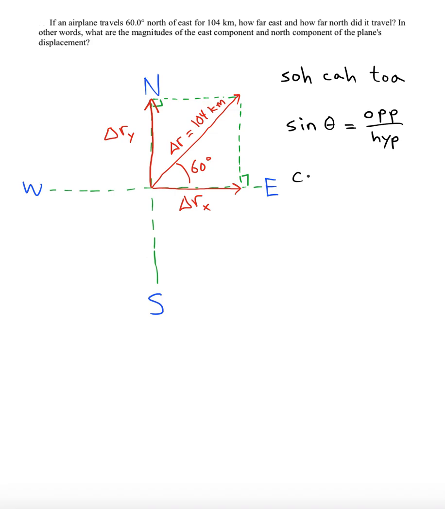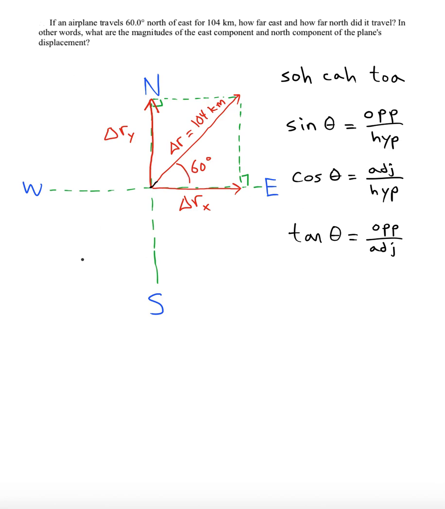We have another relationship, cosine theta equals the adjacent over the hypotenuse. So CAH. And then finally, the tangent of an angle will be the opposite over the adjacent. Those are the three trig relationships which you might use to find those components. Why? Because we have a right triangle here, and that's what you need in order to do SOHCAHTOA.